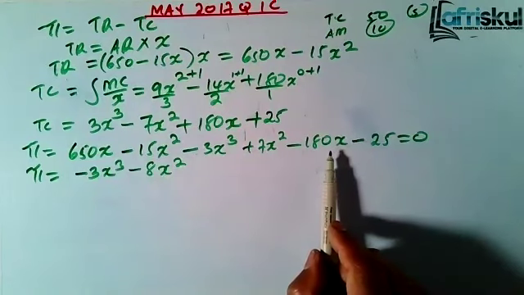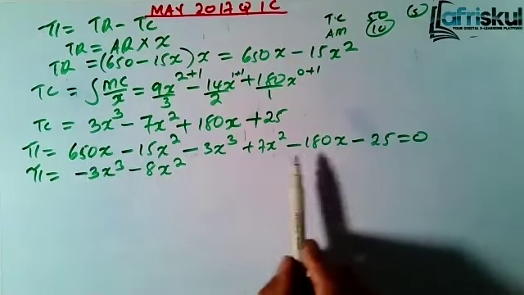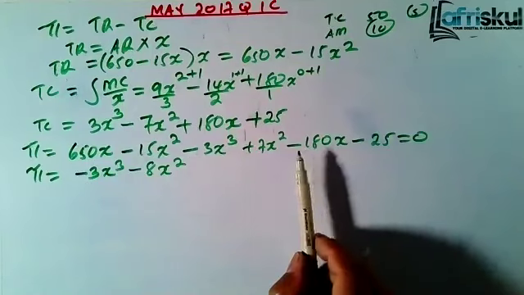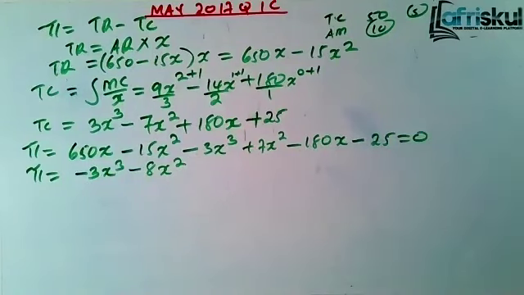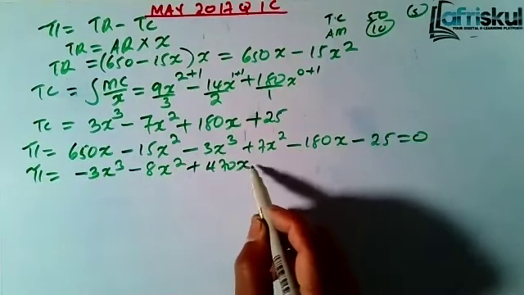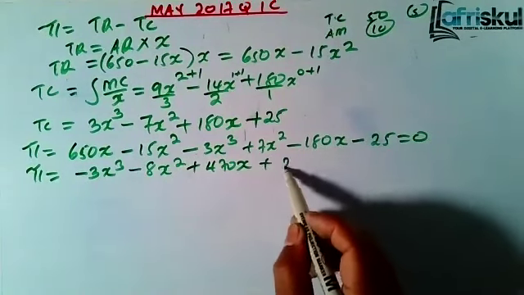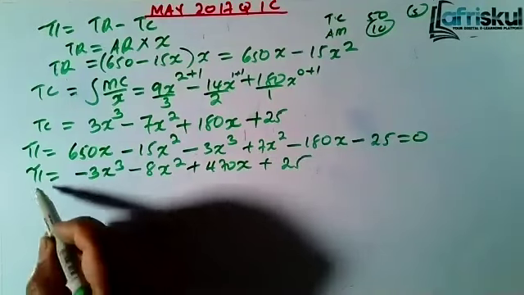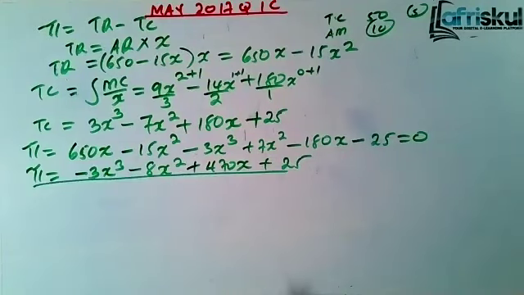What are you getting? 650 minus 180 is 470, so it would be positive 470x, and then plus 25. So that's requirement number one: the examiner wanted the profit function.